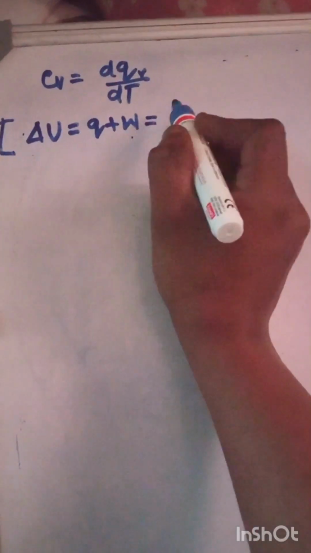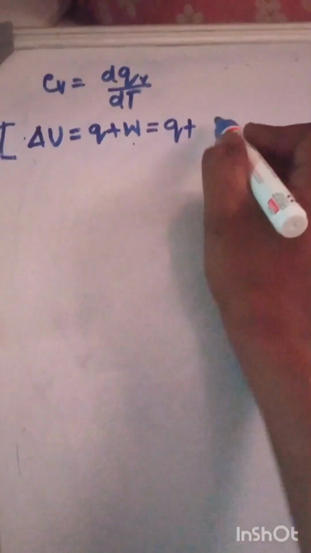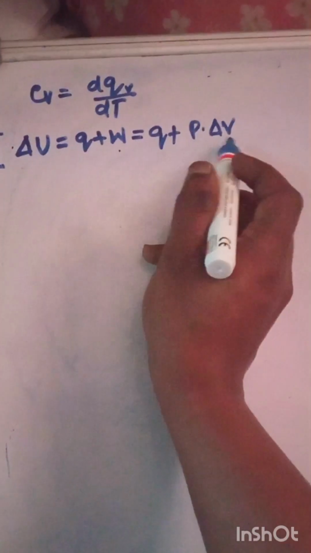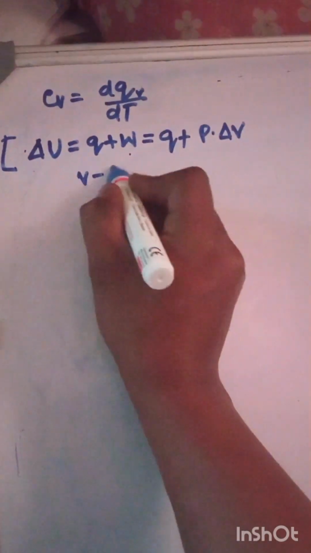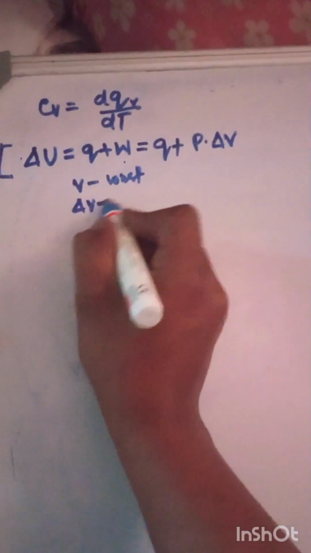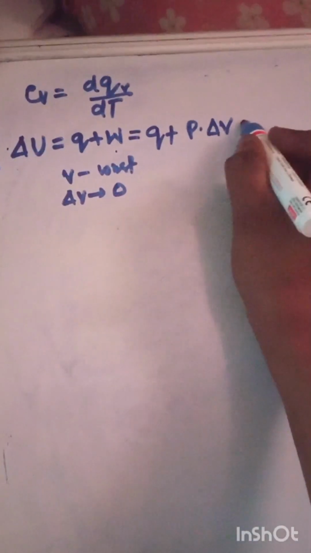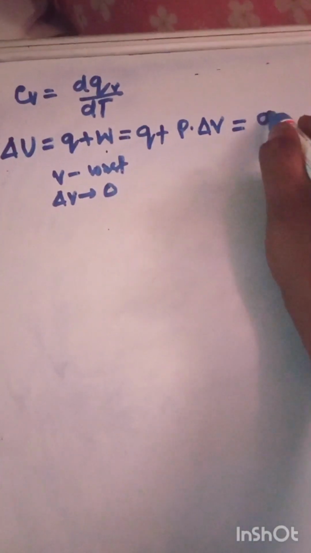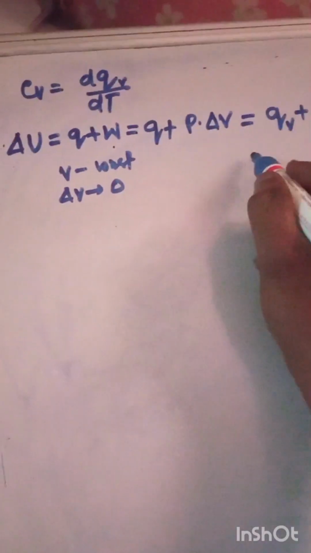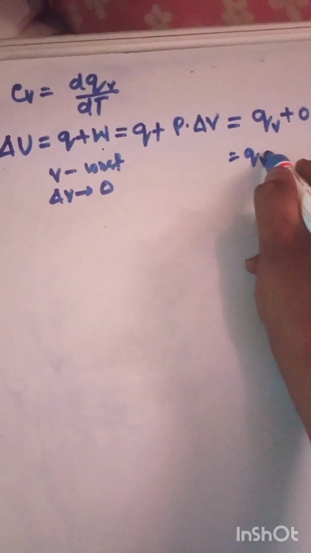We can write this as Q plus P delta V. Now, as the volume is constant, delta V will become 0. So this term will become 0, leaving Qv.